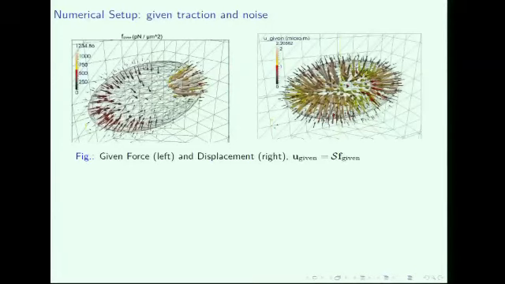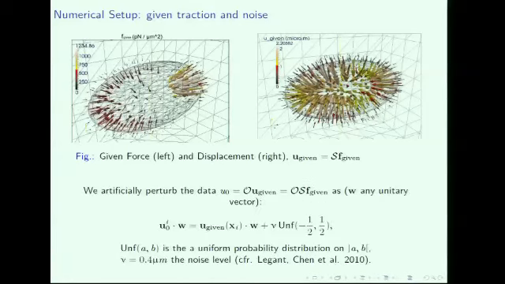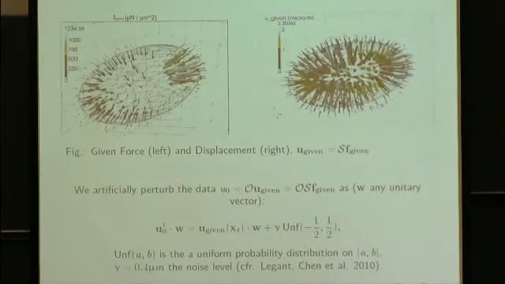Okay, so I give a traction. Our traction is a dipole-like traction that is quite similar to what can be exerted by a living cell, and these are the displacements that such a force gives. Then we also perturb the given data with some noise.